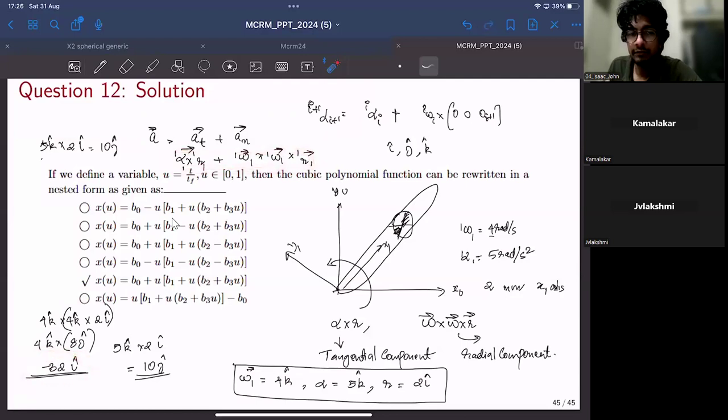Otherwise, if you already knew that centripetal acceleration is towards the center, you could simply multiply the scalar value and put a minus before it. Then you will get this minus 32i. And tangential acceleration will always be perpendicular to this link, that is along this y1 axis. So you can multiply this alpha and r. Then it will be along this y1 component. That's how you will get this answer. Either way you can do.